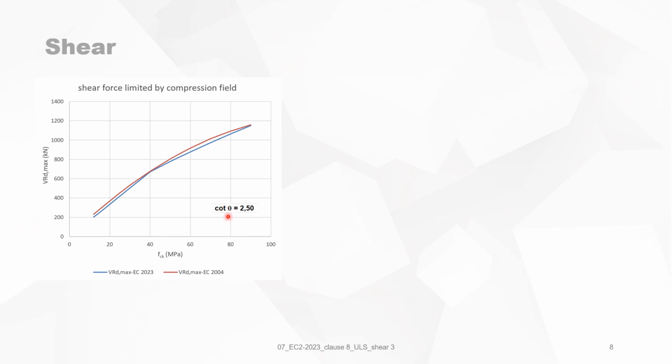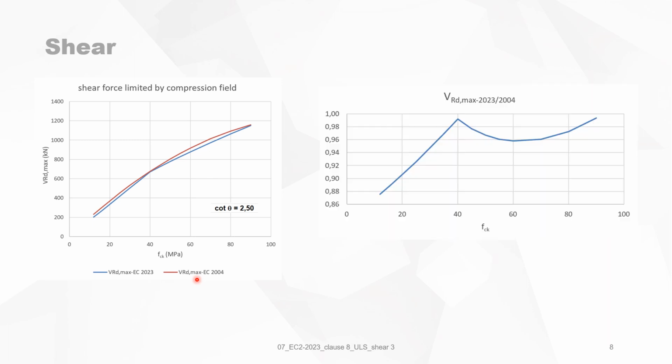For each theta or cotangent theta, you can make a graph like that. We've used here cotangent theta equals 2.5, and the red curve is the one calculated with the present code of 2004, and the blue one with the code of 2023. You see that it's almost the same, but there is a difference.